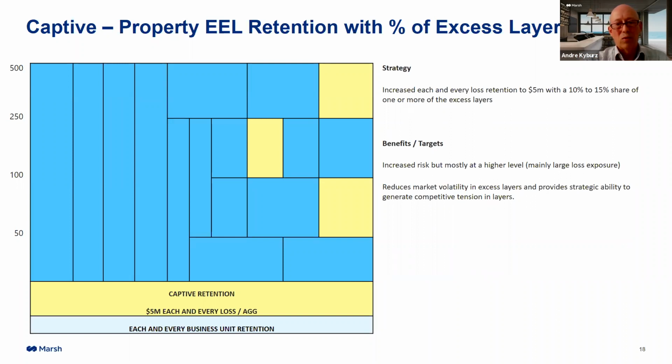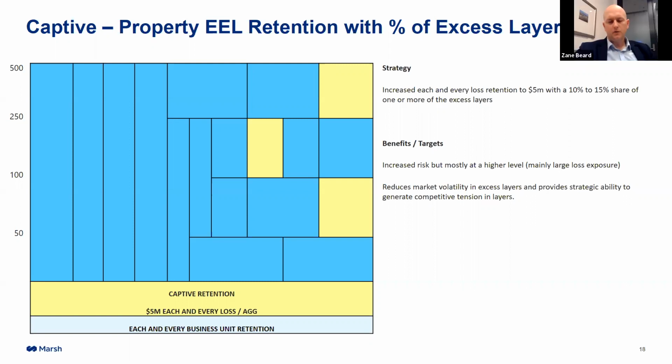And also, the other strategic benefit here is that you can generate competitive tension between the layers by saying, the captive will take that, we move you up, and maybe they rethink and are concerned about their premium pool. So this is one option that we see employed in the current market.